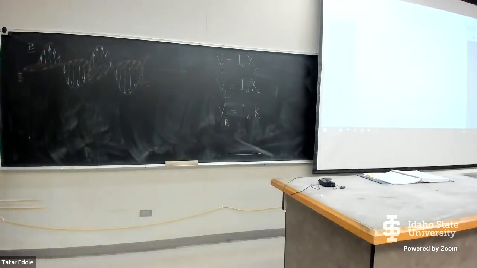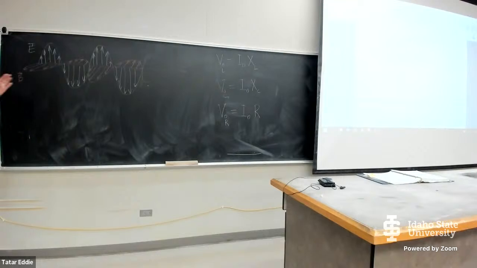Now, this type of electromagnetic wave has select directions in space. Look, the electric field vector oscillates only up and down, up and down.